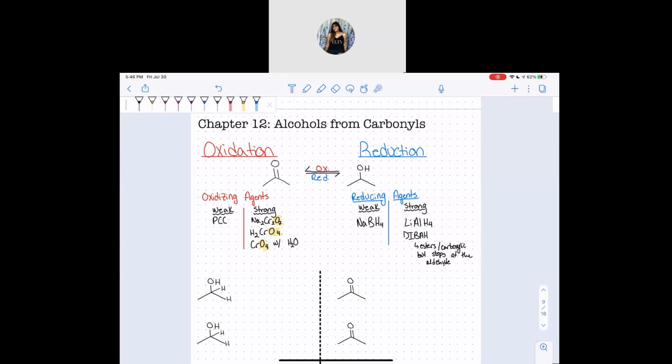We also know that A comes before B in the alphabet, so that has to be stronger. That doesn't make any sense, but that's how I remember it, so you're welcome. We know that an oxidation reaction is making more bonds to oxygen. A reduction reaction is reducing the number of bonds to oxygen.